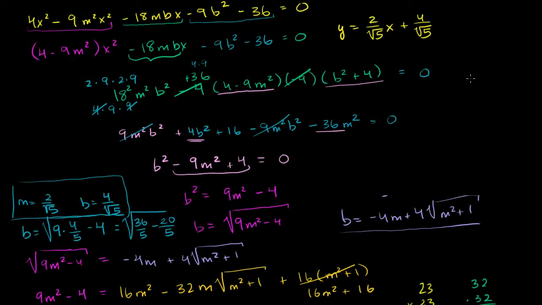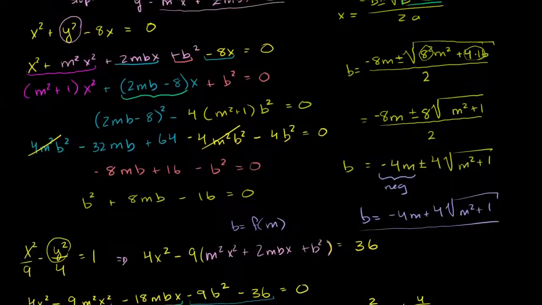And if we want to simplify it, because if I remember properly, that problem had everything on the right-hand side. Let's multiply everything times the square root of 5. So you get the square root of 5 times y is equal to 2x plus 4. And then we can subtract these from both sides. And we get negative 2x plus the square root of 5 y minus 4 is equal to 0.